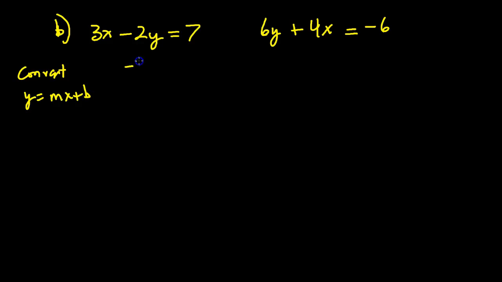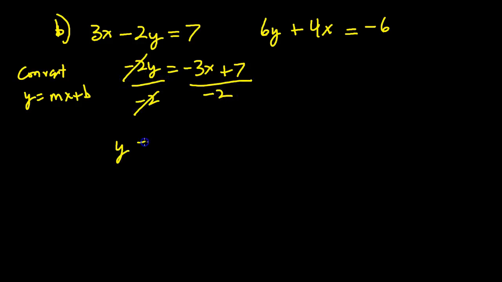In this first line, I'm going to subtract 3x from both sides and then divide everything by negative 2. All terms, both sides. The minus 2's, of course, cancel on the left. I'll get y equals, well, if I break up that sum over the common denominator, I'll get this expression.